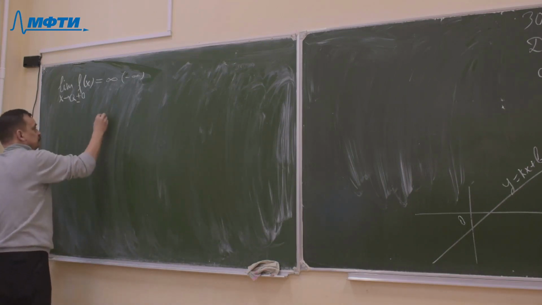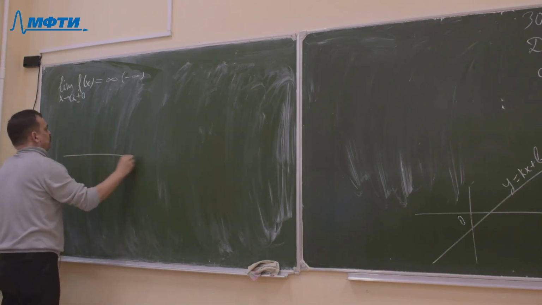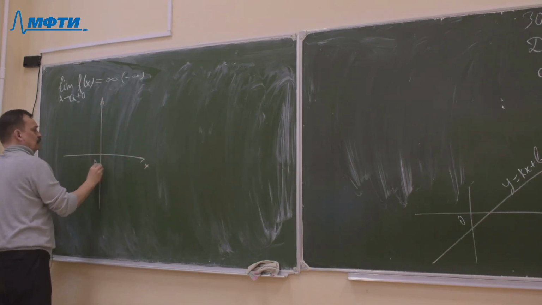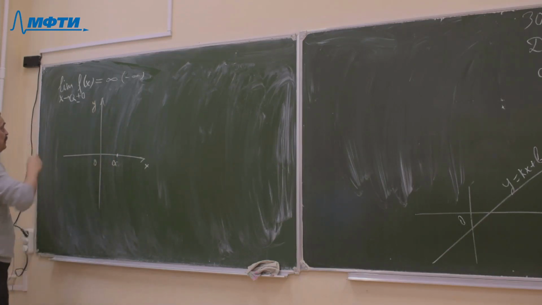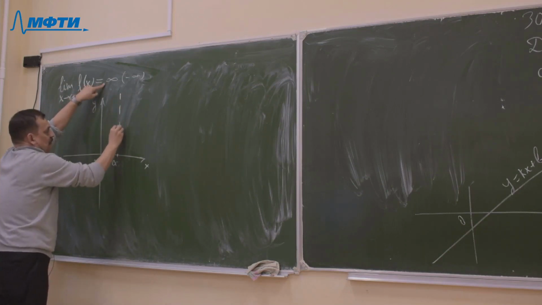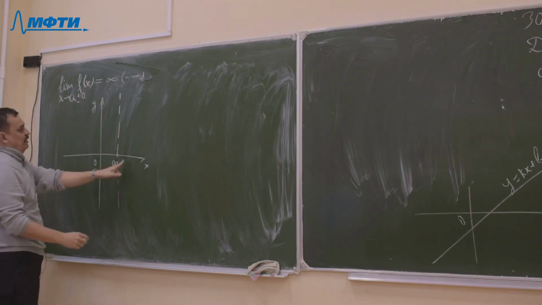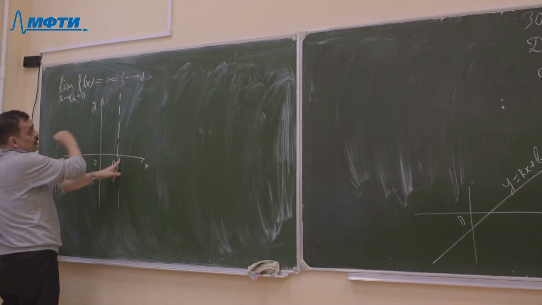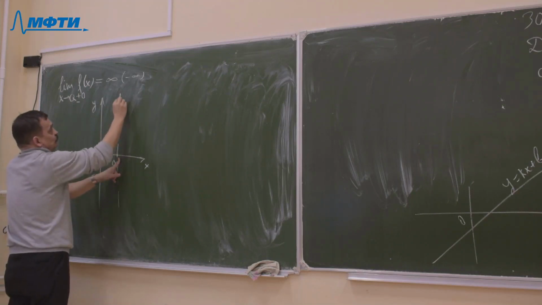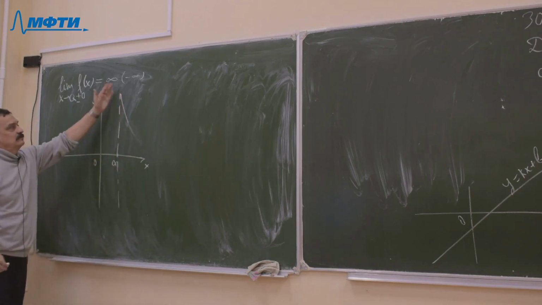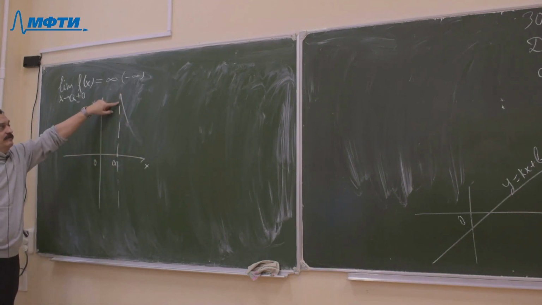Look, let me draw a picture. Okay, let a be here, that is y. So the limit at a plus 0 is plus infinity. When x approaches a from the right-hand side, f approaches plus infinity, so it looks like that, right? I will not draw further.